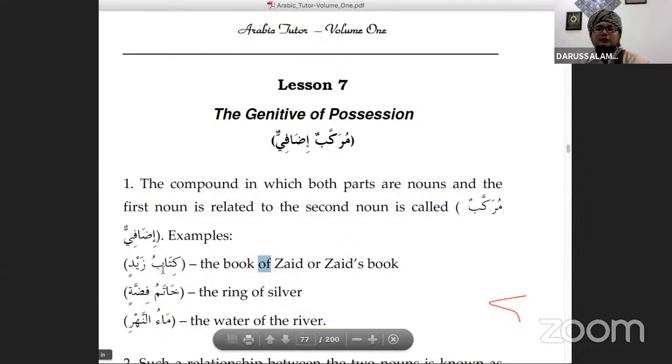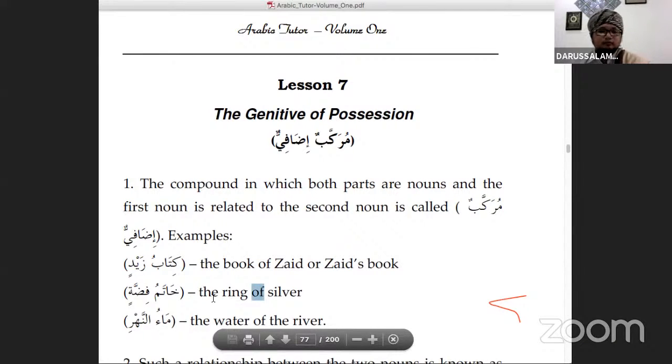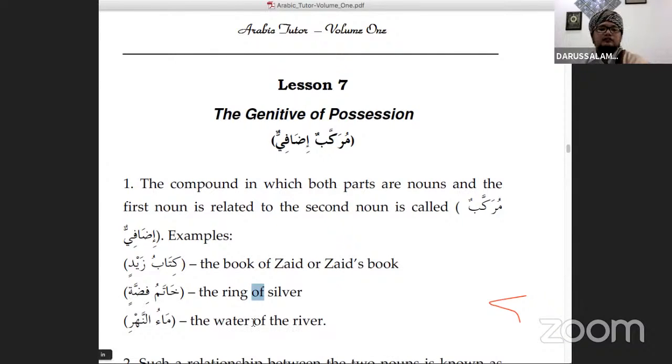So for example, kitab, what's the translation of kitab? Book. Translation of Zaid, Zaid lah. Okay, so you say the book of Zaid. What's khatam now? Khatam means ring, cincin. Fiddah means perak, silver, right?